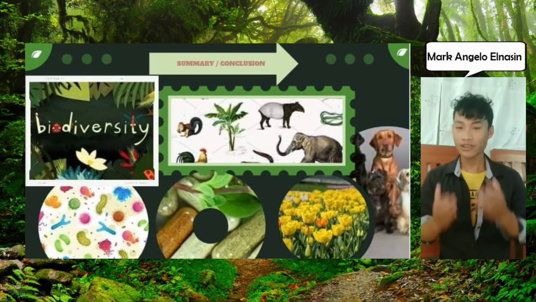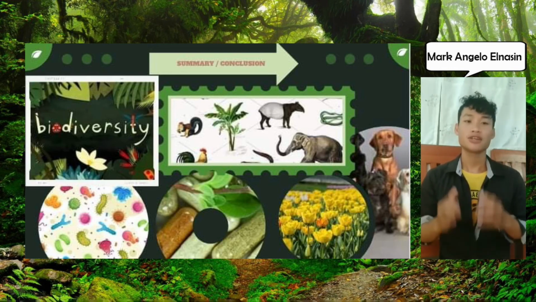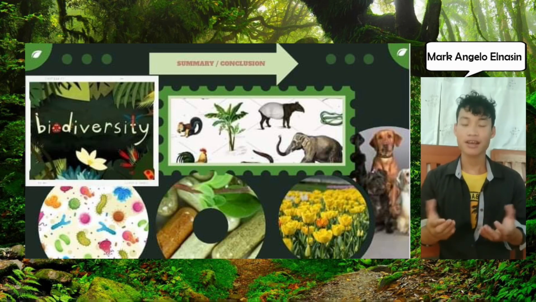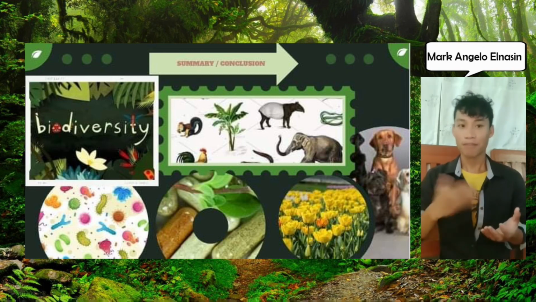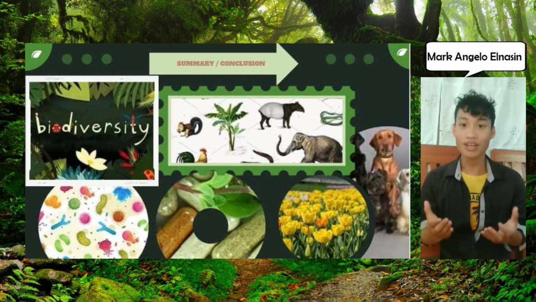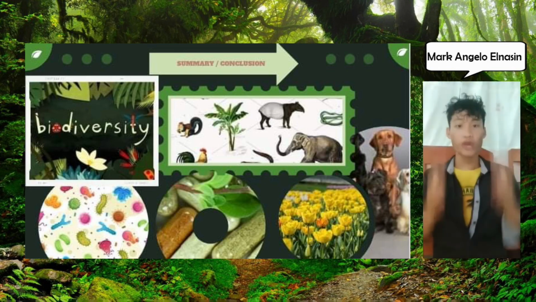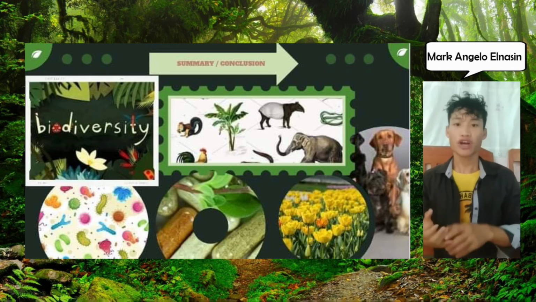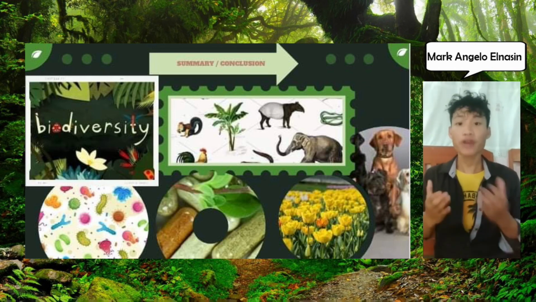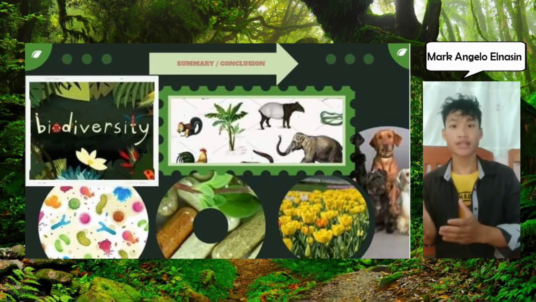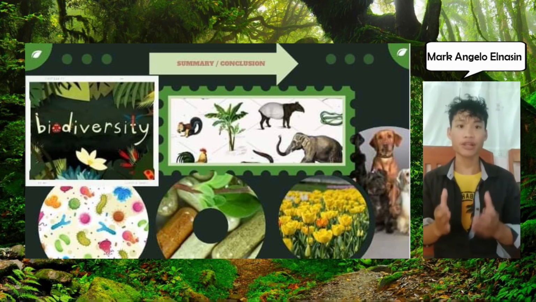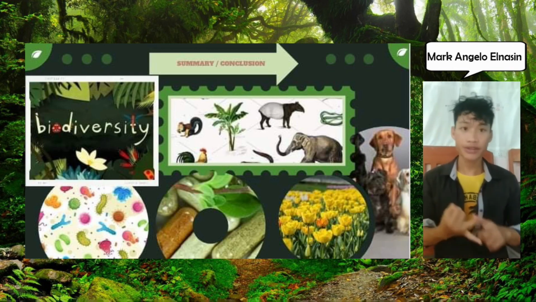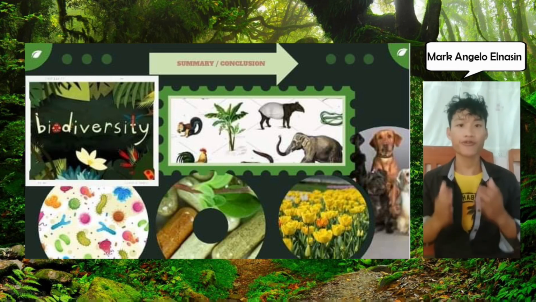Second, in terms of species, such as humans, animals, plants, and microorganisms. We as human beings have the capability to preserve, through proper care of other species, a sustainable environment, such as tree planting, waste segregation, and being eco-friendly.